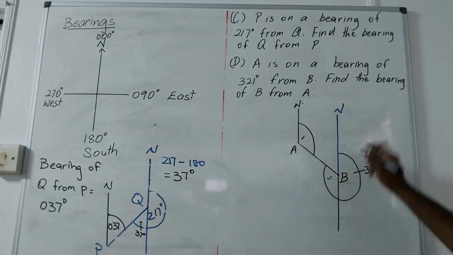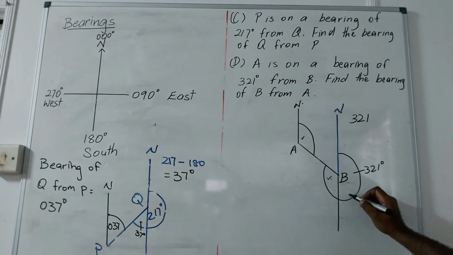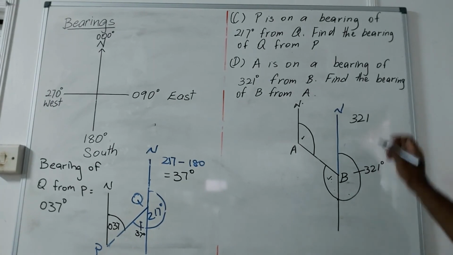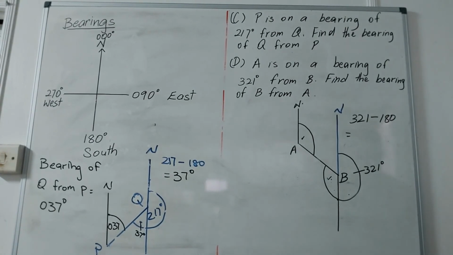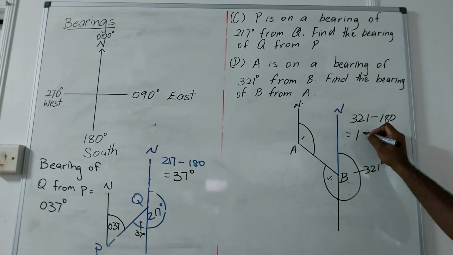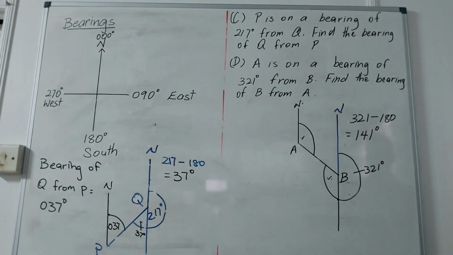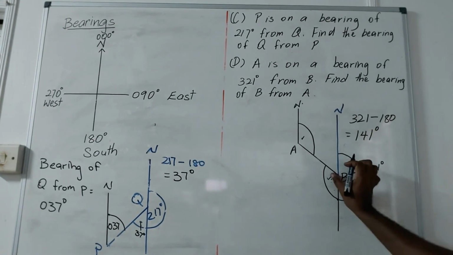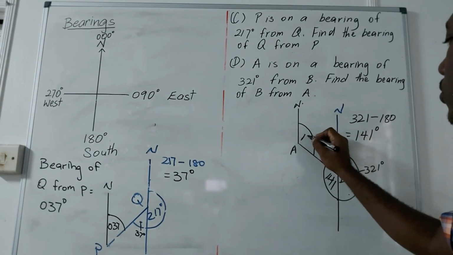So how do we find this angle? 321, if around here is 180, up to here is 180, so there will be the difference, minus 180, which will give us 141 degrees. So this angle here is 141, and since this is 141, here will be 141 too.